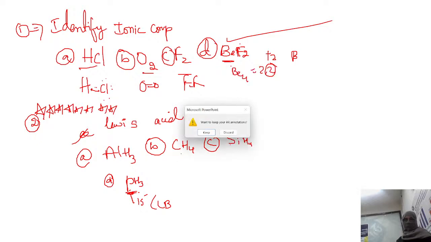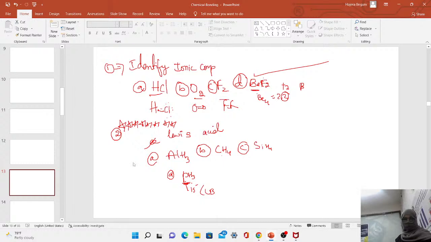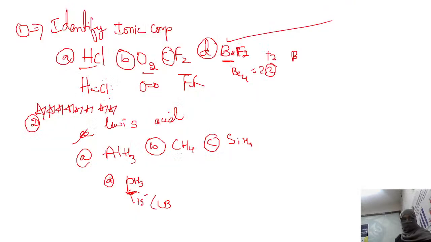Silicon. Silicon is which group? Group 14, 13, 14.